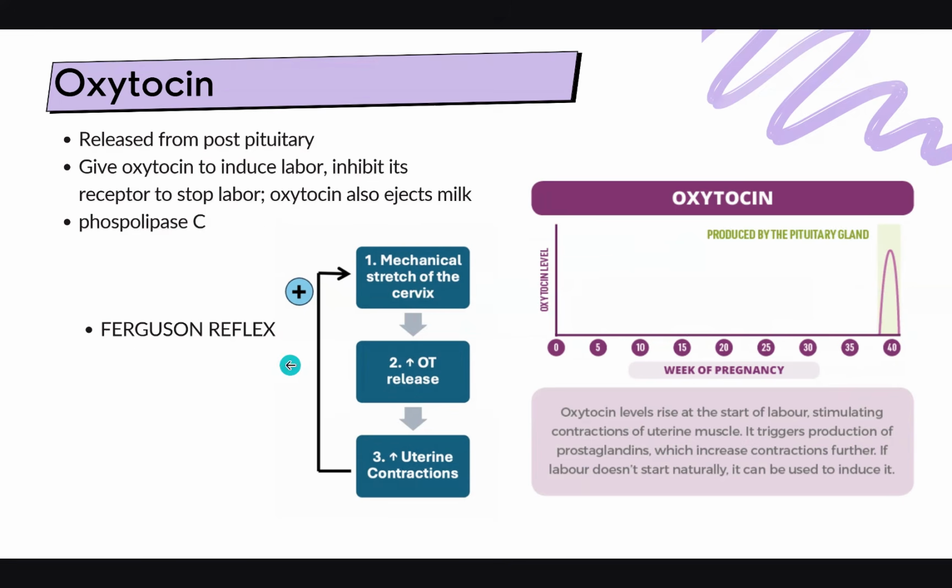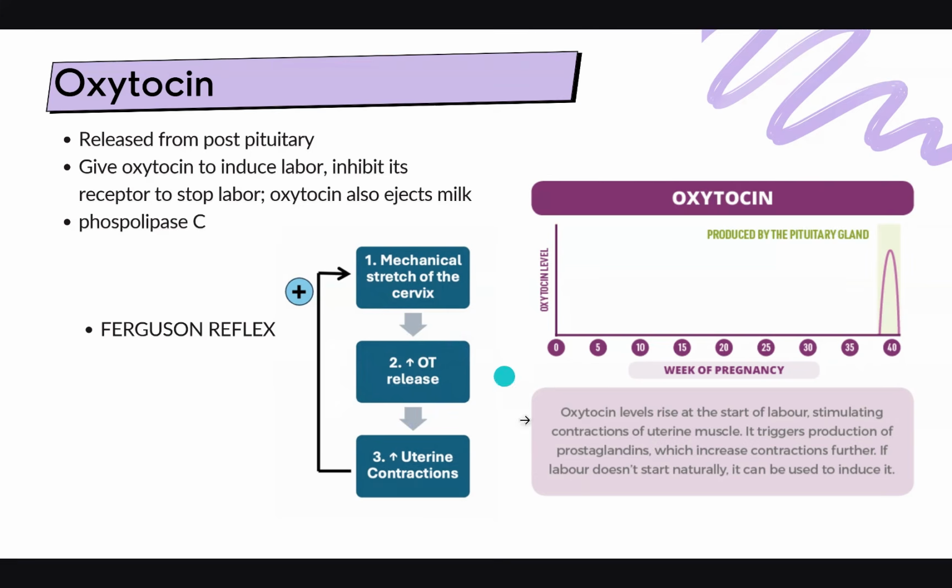Another thing is the Ferguson reflex. Now, the Ferguson reflex is just how oxytocin is released. You don't want oxytocin to be released during this part of the pregnancy, right? Only during the end. And this happens when the baby is big enough and the head of the baby touches the cervix and starts stretching the cervix itself, okay? Now, this stretch triggers a reflex, again, via nerves, to the posterior pituitary, which releases oxytocin.